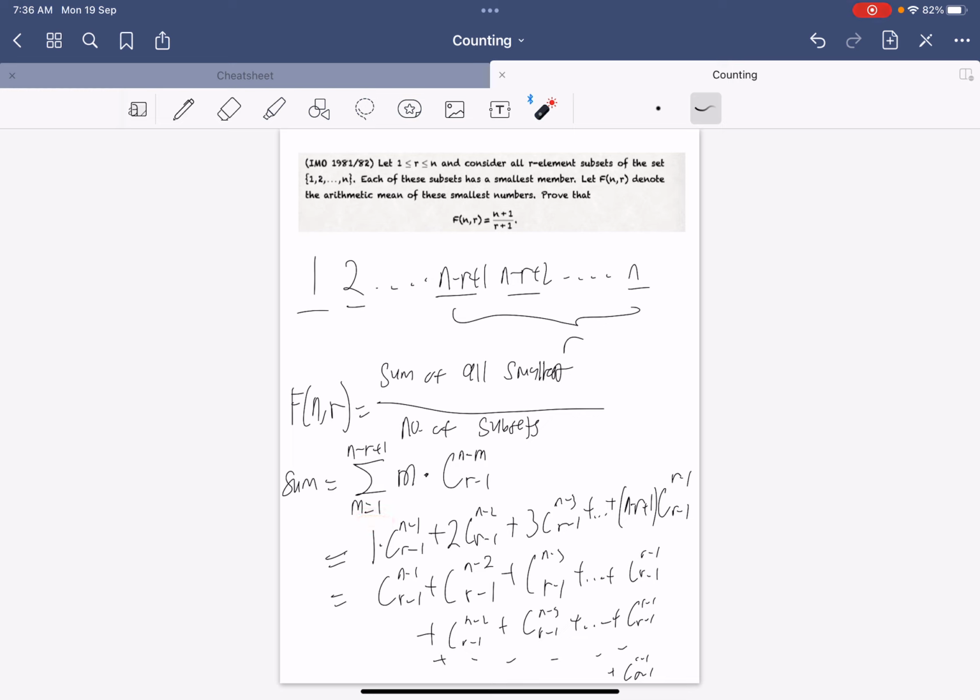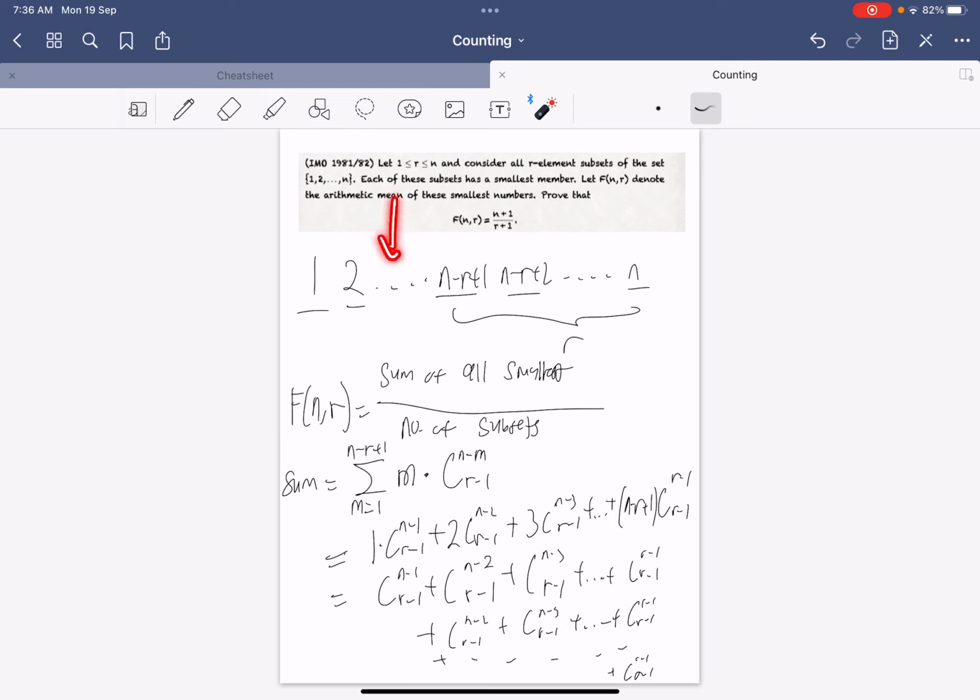In this case, now let's think, if we choose a random element m over here, let's say, how many elements can we put inside to make up the r minus 1 set? Well, it can't be anything less than m, because these elements will be smaller than m, and we take m as the smallest element.